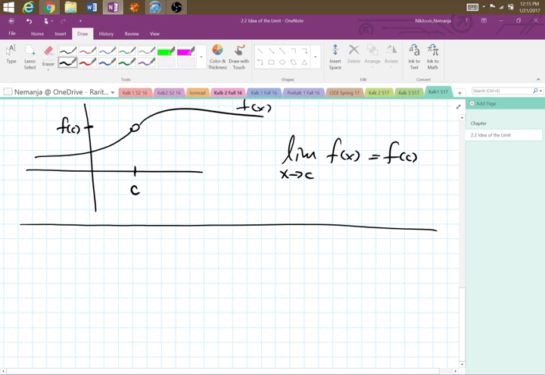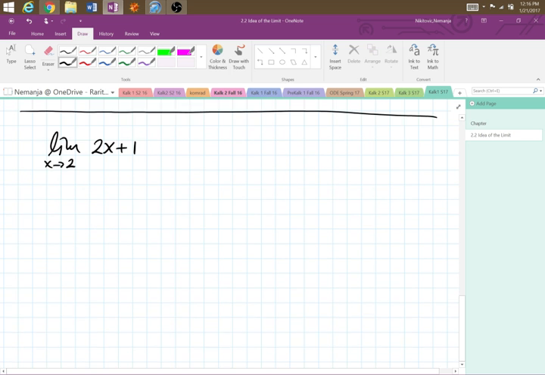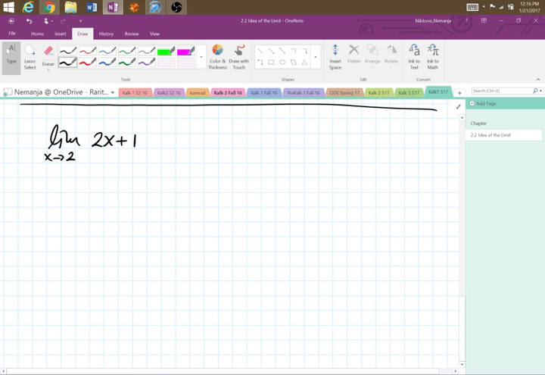So I'm going to go with a very simple limit of 2x plus 1 as x approaches 2. And you all know what this number should be.